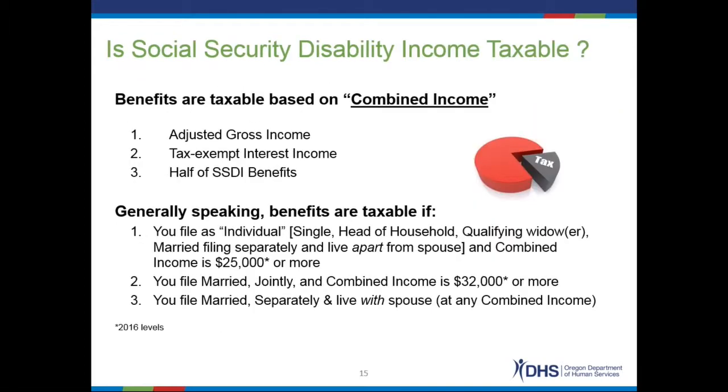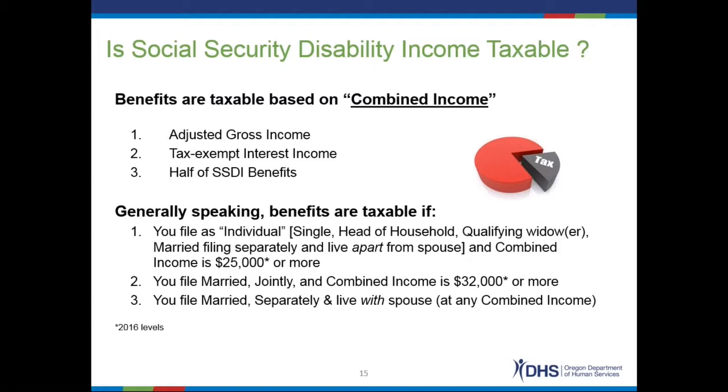Is Social Security disability income taxable? Again, benefits are taxable based on combined income, where you take adjusted gross income and add it to tax-exempt interest income and half of the SSDI benefits. And it tells you if they're taxable depending on your filing status.